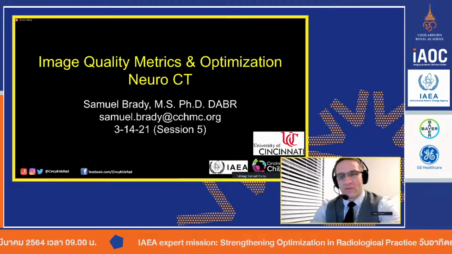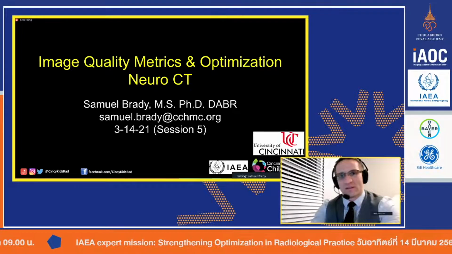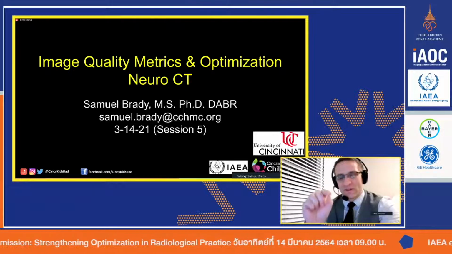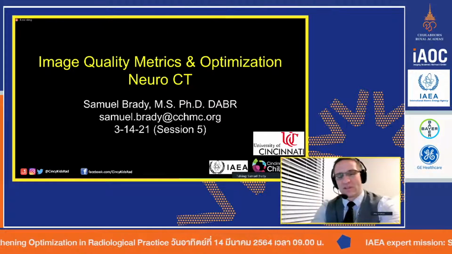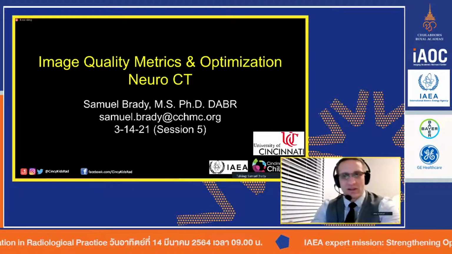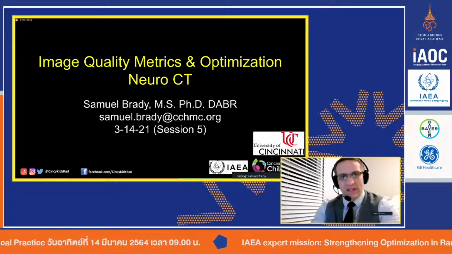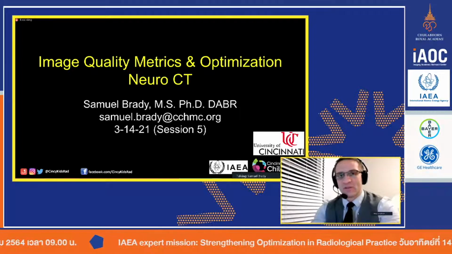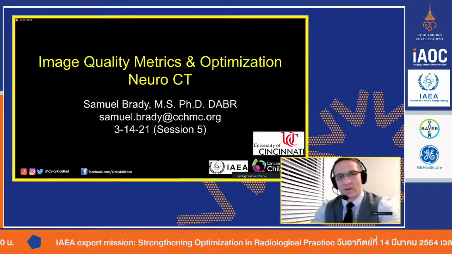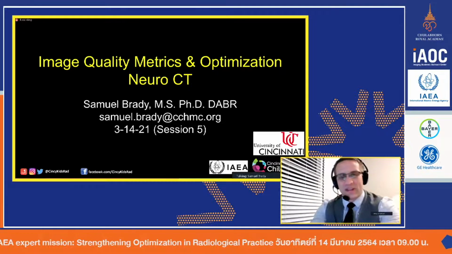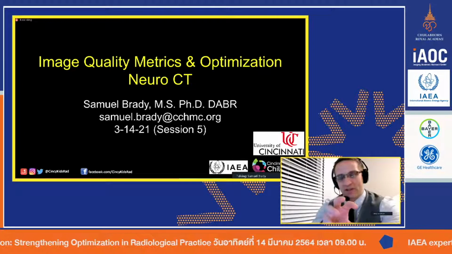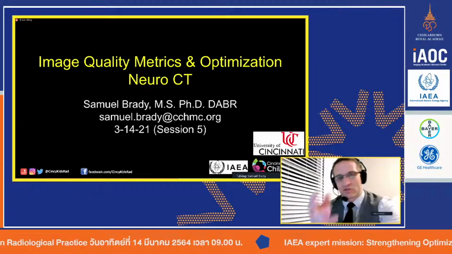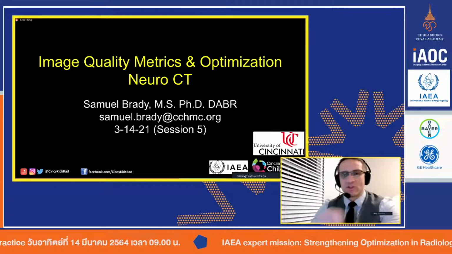And so now for this week, and on to the very end of these sessions, we're going to be focusing on very specific modalities and very specific aspects of each modality. CT is such a large and complex modality. We will break this down and discuss various aspects of it over the next 3 weeks. Today we're going to focus basically on the head, and on the image quality aspects of it, giving examples of how to set up, track, and optimize image quality for neuro CT.